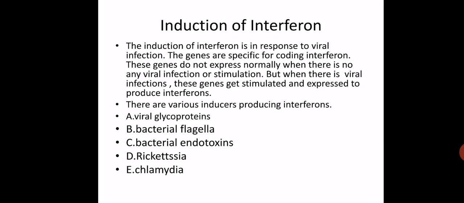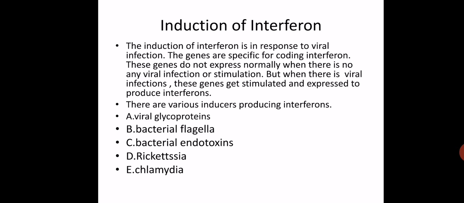We are discussing cytokines and mainly interferons. Different types of cytokines we have studied already. Interferon is one of them. As an introductory part, we discussed that it is an antiviral glycoprotein which is mainly secreted by leukocytes, lymphocytes, and some fibroblastic cells.